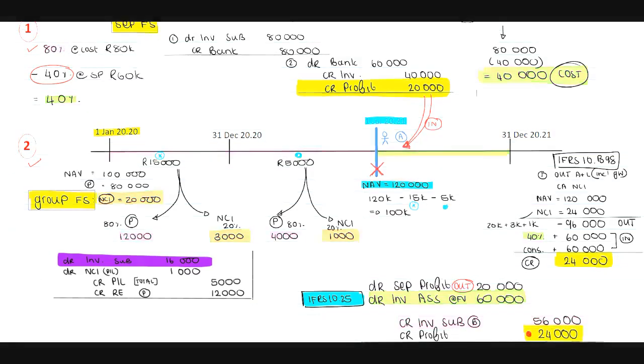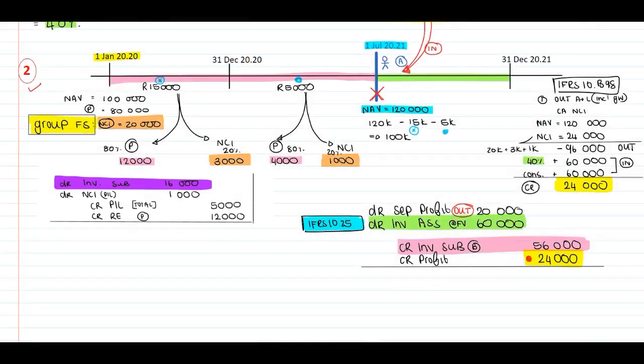Now, work with me here, guys. If we look at the subsidiary from a group perspective, you agree with me that before disposal, we have not consolidated. This subsidiary is still included at cost, being the 40,000, right? Then, number 2, we have included this journal, debit the investment with the 16,000.